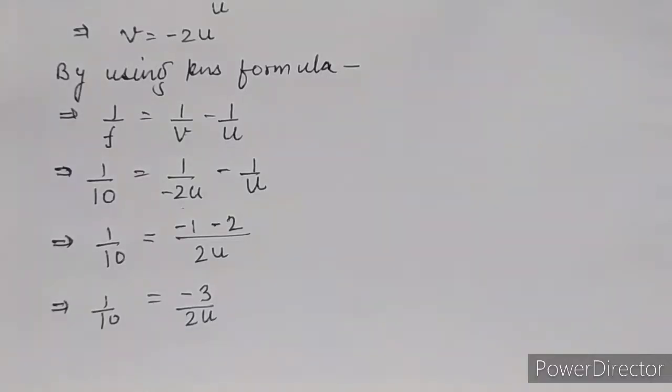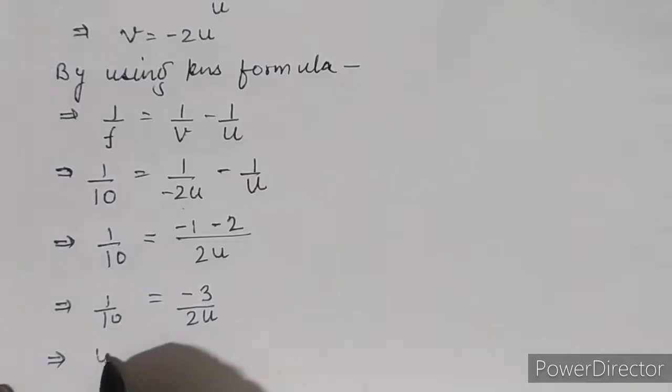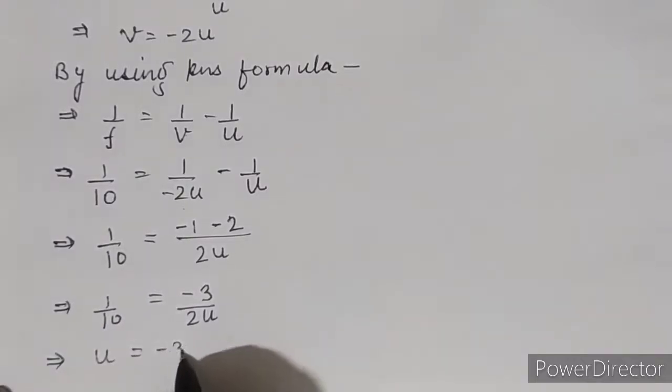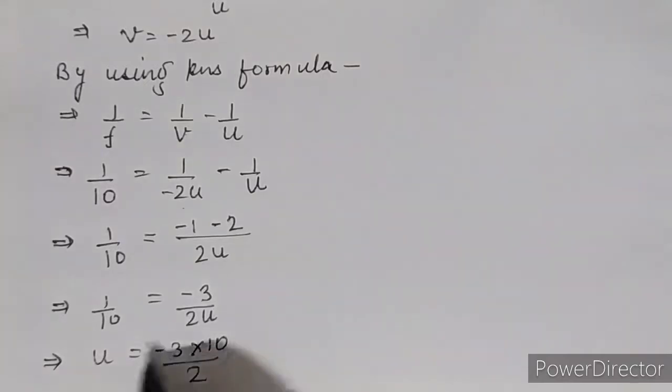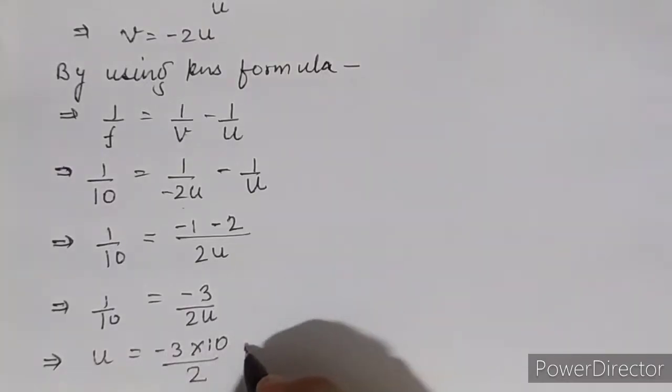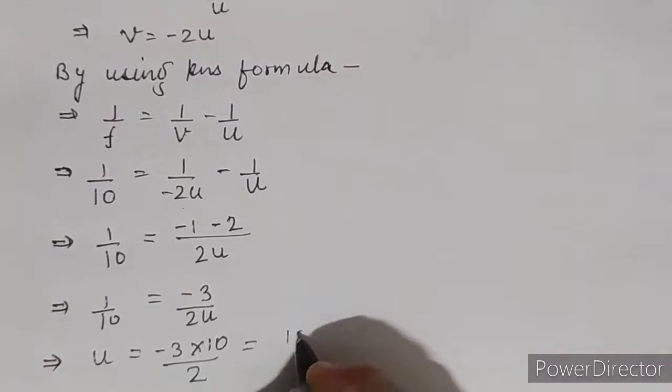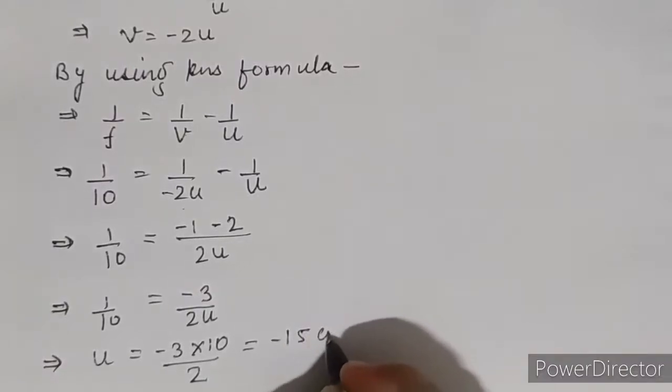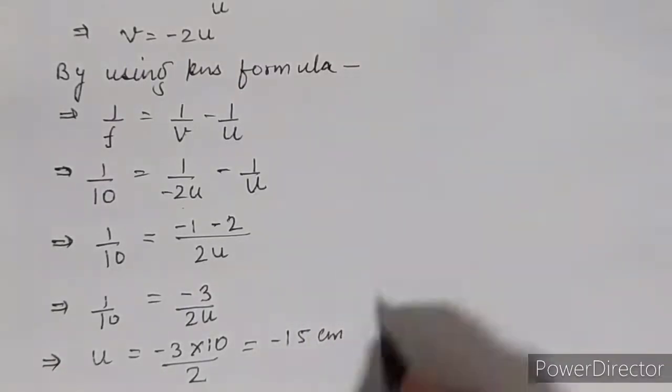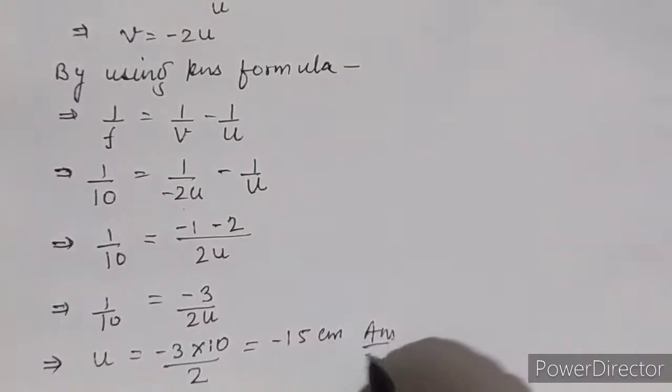What we have to find? We have to find the value of u. So we do the cross multiplication, and that u is equal to minus 3 into 10 upon 2. 30 upon 2 in the minus form, 30 upon 2 is 15 in the minus form, 15 centimeter. This is the object distance.